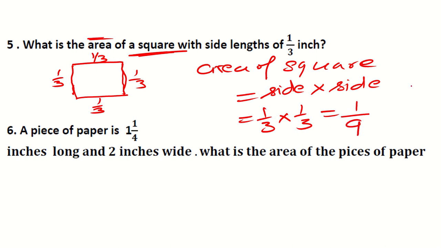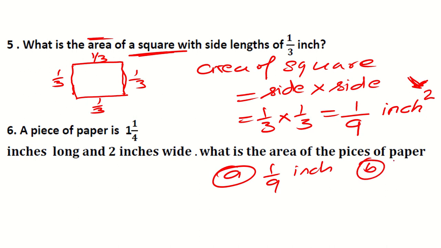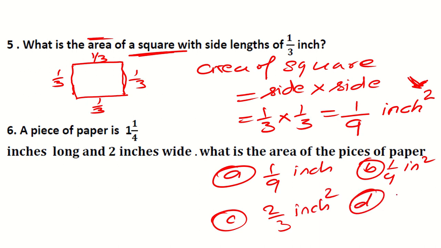But my dear students, remember, whenever you are getting area, compulsorily you will have to see the units, and that unit will be inch square. Here definitely you will have to see power 2. Because in the exam they can say option A 1 over 9 inch, option B 1 over 9 inch square, option C 2 over 3 inch square, and option D 2 over 9 inch square.